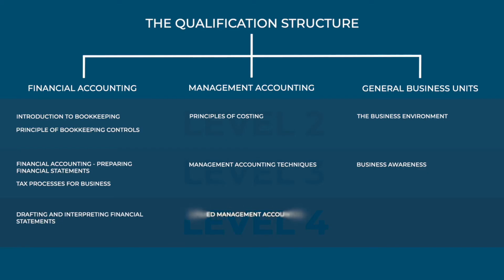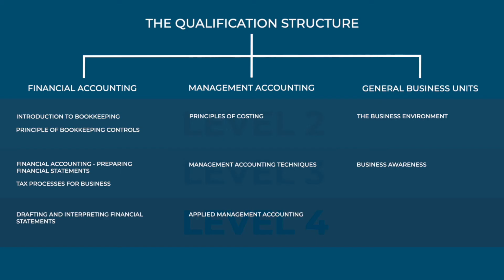In the management accounting strand, we've got Applied Management Accounting. Everything you've learned from the principles of costing at Level 2 through the management accounting techniques at Level 3 will have prepared you for this applied and in-depth look at the complex management accounting techniques used to improve the efficiency and productivity of an organisation. The final mandatory unit at this level under the General Business Unit strand is Internal Accounting Systems and Controls.